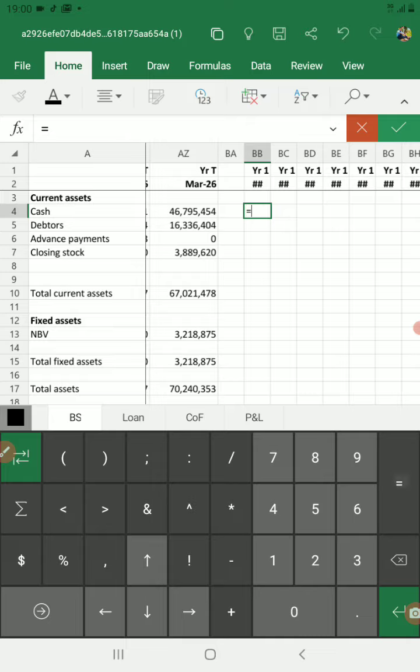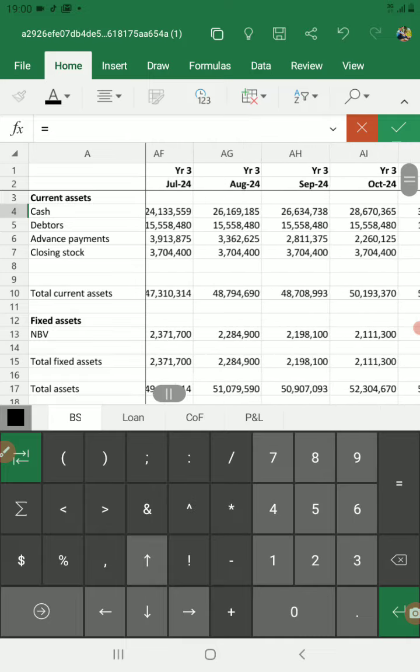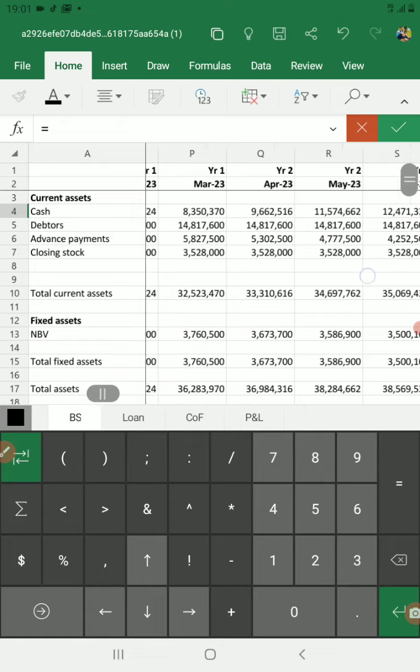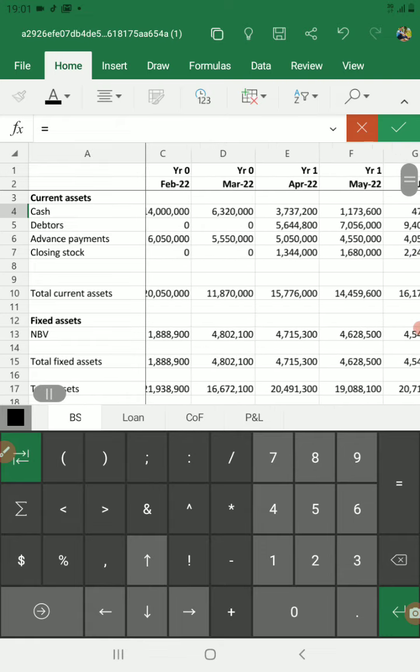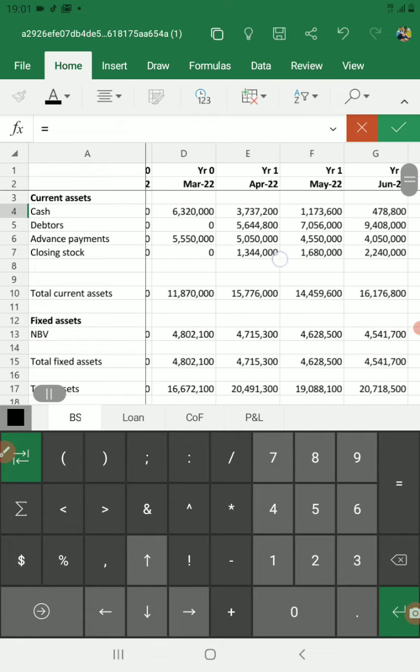So start with equal sign, go to the beginning of the period, which was in here, year 1, beginning of year 1. So we take this cash, divide by total assets, and total assets here is in E17.